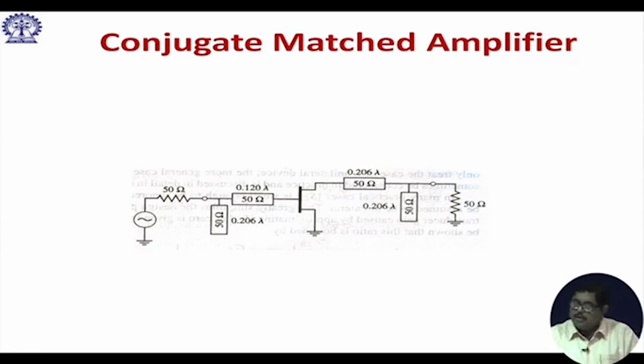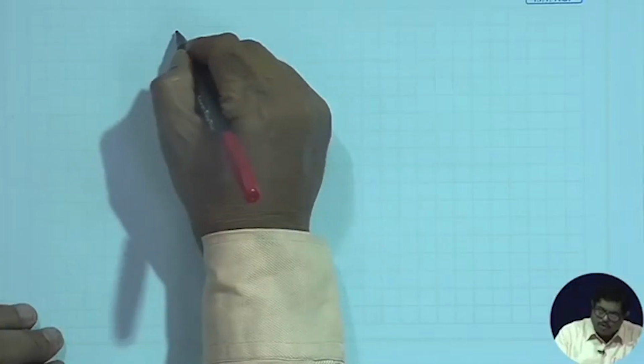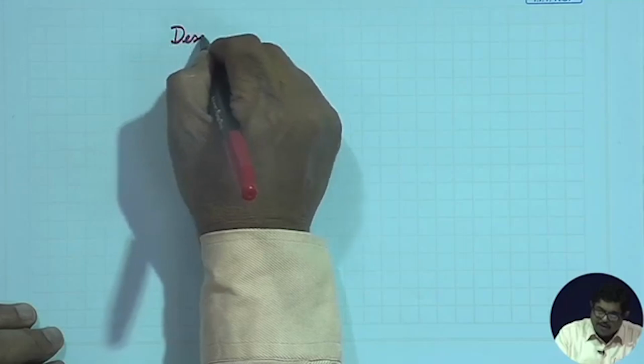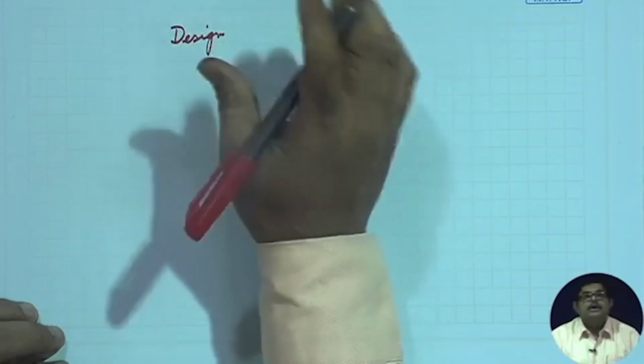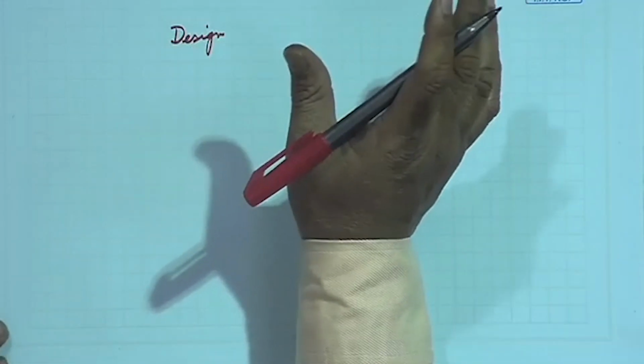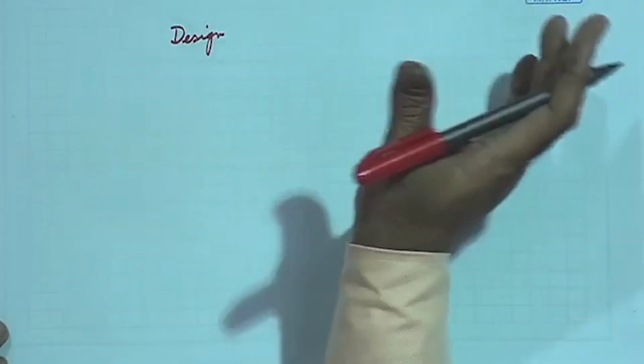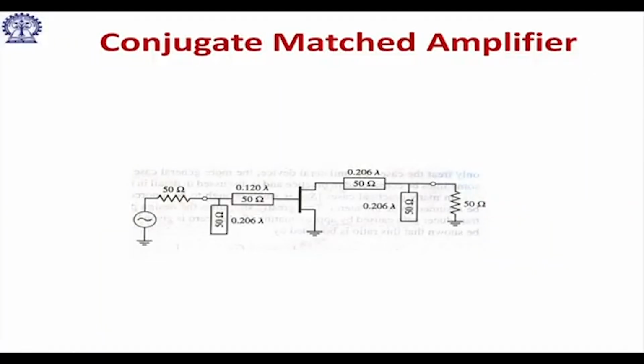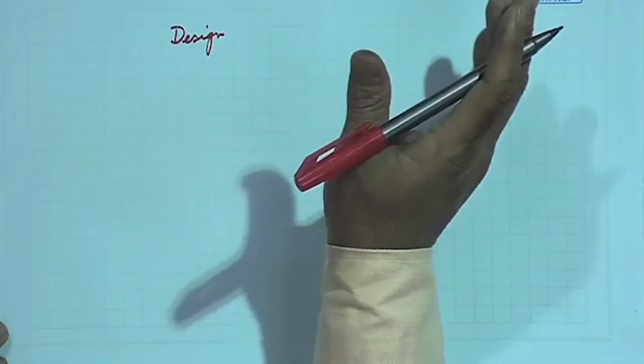We do not always do conjugate matching, because all these things are frequency dependent. Conjugate matching is possible for a particular frequency. With a conjugate matching design I can achieve the maximum possible gain.